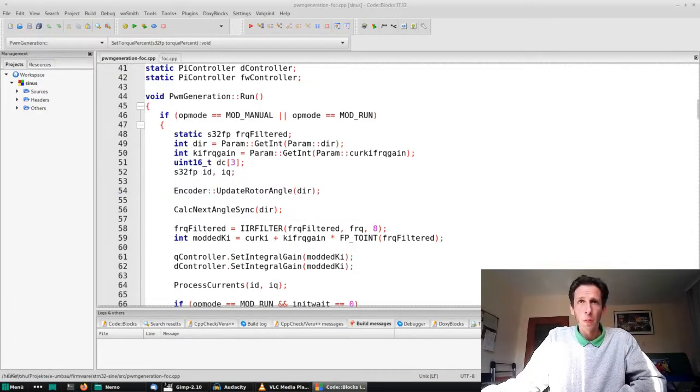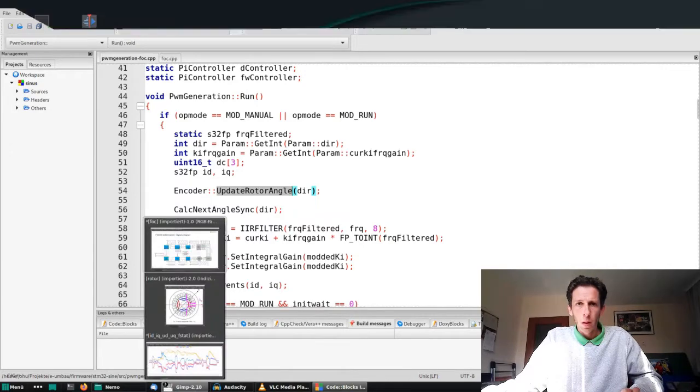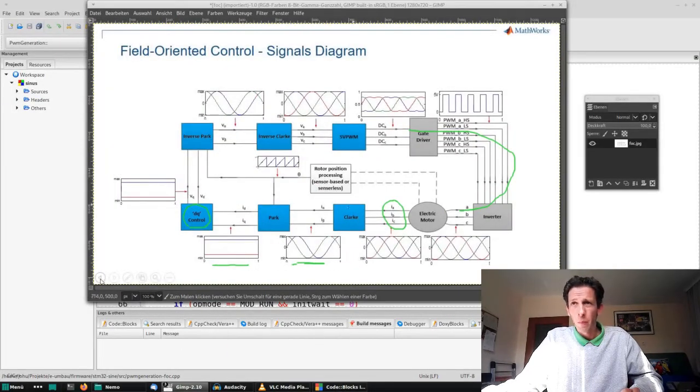So the first thing we do is get the rotor angle. And in our diagram, that's basically this part right here. Rotor angle is very important, obviously, because that lets us align our field to the correct D and Q component.